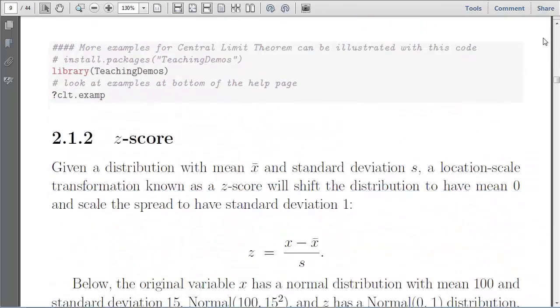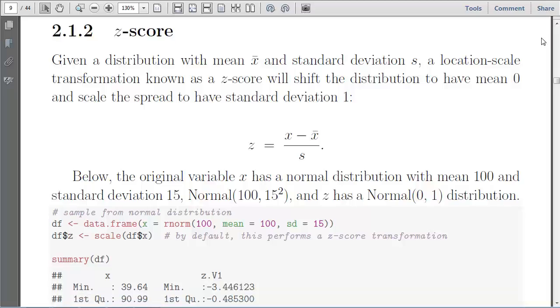All right. A few other concepts to learn. The first here is a z-score. What a z-score does is it subtracts the mean from your sample and it divides by the sample standard deviation.